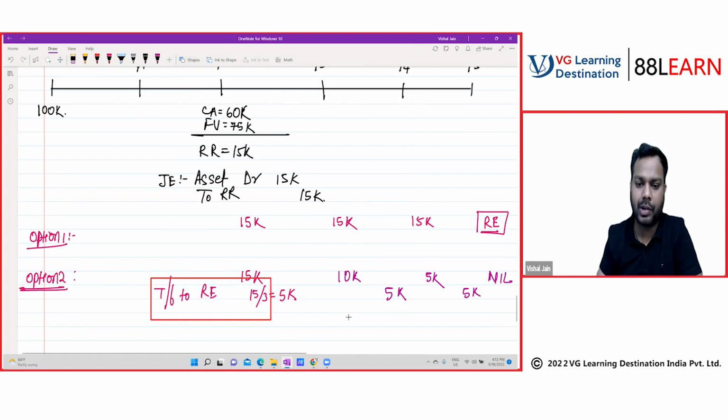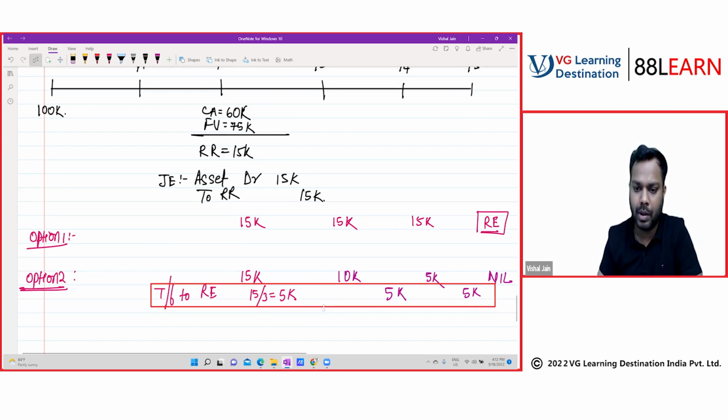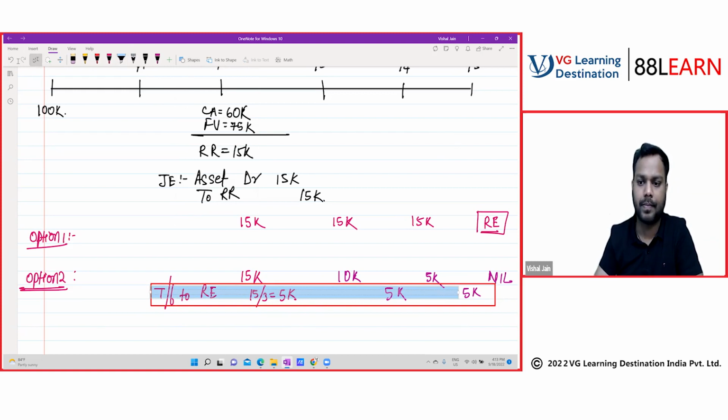So this is the amount that is transferred to RE every year. This is the option that is given, the second option. I believe all of you are clear on this one. RE is transferred here.